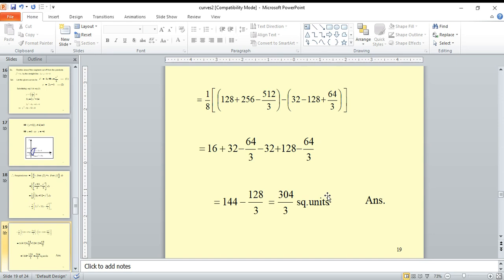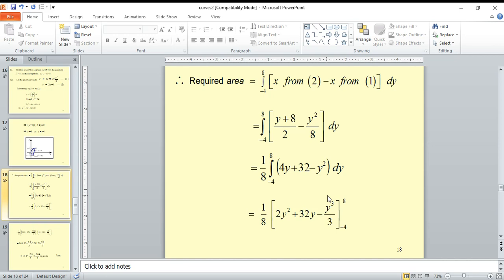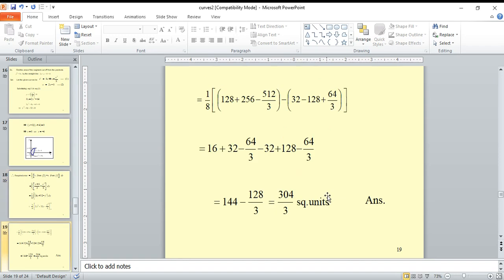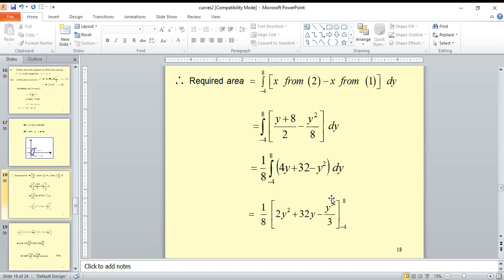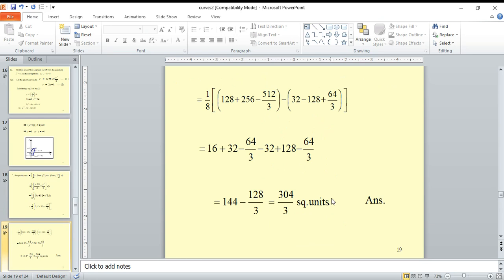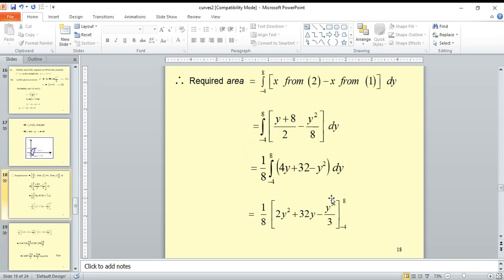So 1 by 8, apply the upper limit 8: 2 into 8 square, that is 64 times 2, 128. Next, 32 into 8 is 256. Y cube, 8 cube is 512 by 3.